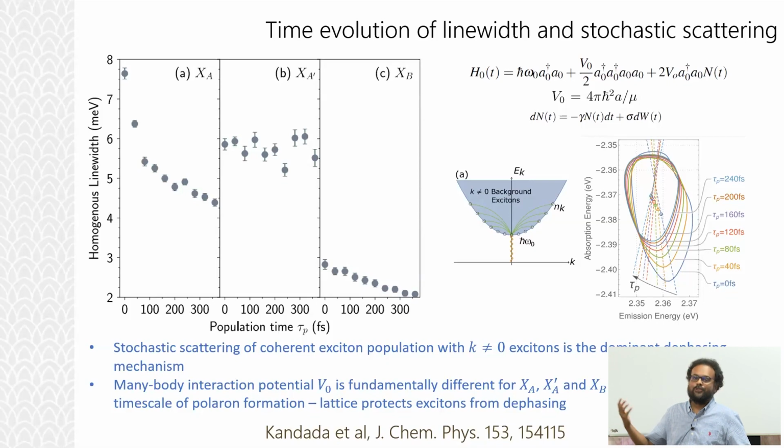Here we use Ito calculus to calculate the response functions, the G's, the cumulant expansion, to get a more accurate representation of the system response. And what we have found is that not just the inhomogeneity is evolving, the homogeneous line width also evolves in these very fast time scales, all because of stochastic evolution of the population.